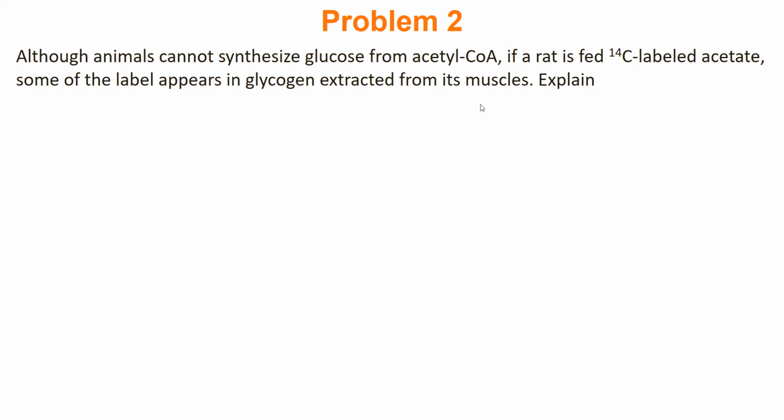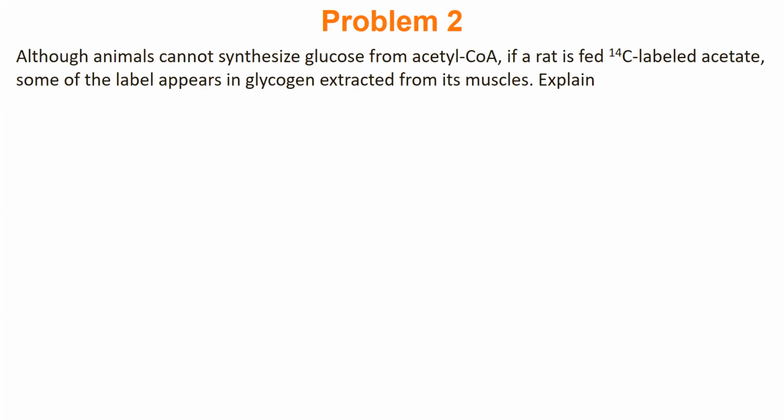So acetate can be converted into acetyl-CoA. From that, we run the citric acid cycle until you get to malate or oxaloacetate.